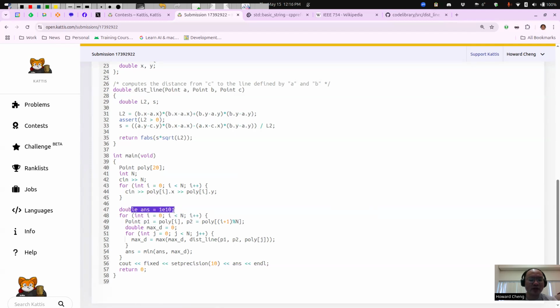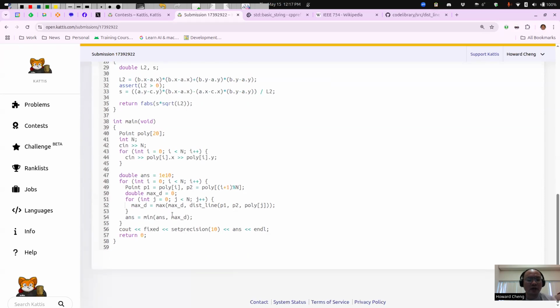So I have some really big number initializing, and then every step I compute the current minimum of all the different boundaries that I try. So I don't actually physically rotate the boundary of the polygon, but rather I compute the distance of the boundaries to all the points, and I try all the boundaries. That's how I do this problem.